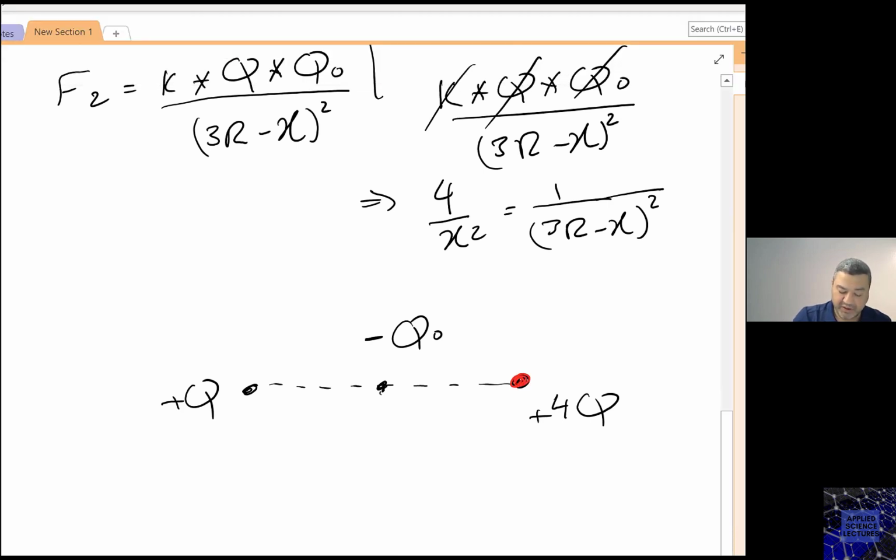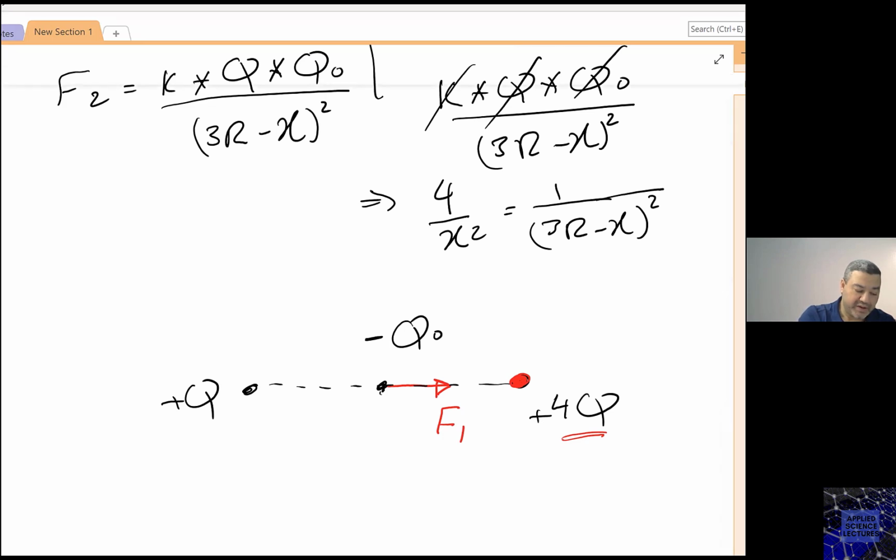Again, if this one is red, then the force exerted on the Q naught due to this 4Q will be an attractive force. So this one will be pointing in this direction.